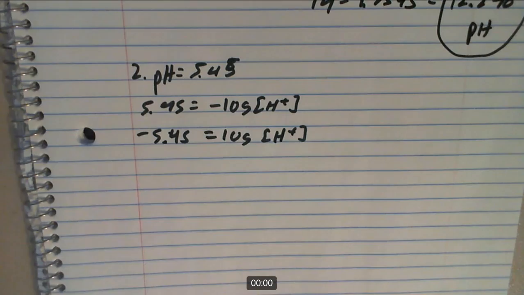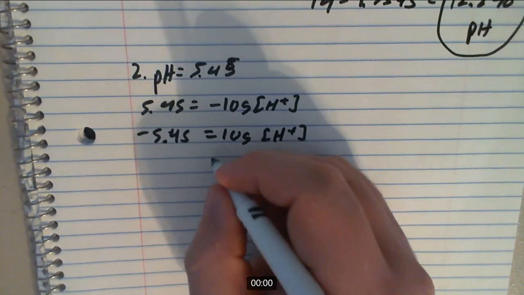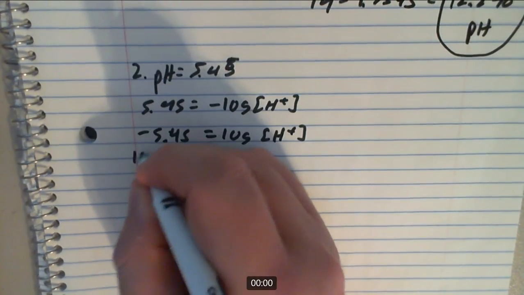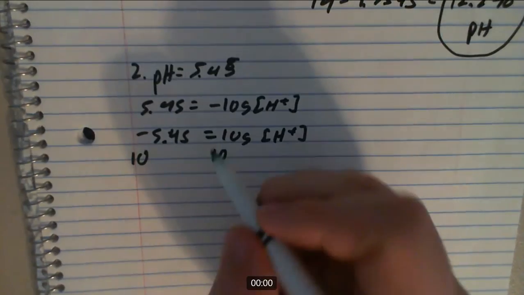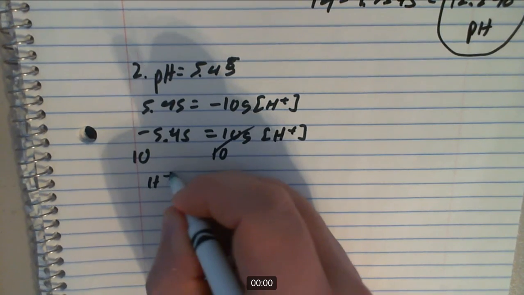How do you get rid of a log? You take 10 to the power, because this is log base 10. They're always log base 10. So I'm going to take 10 to that side and 10 to that side. That cancels, so all I need is 10 to that, and I will have my hydrogen ion concentration.